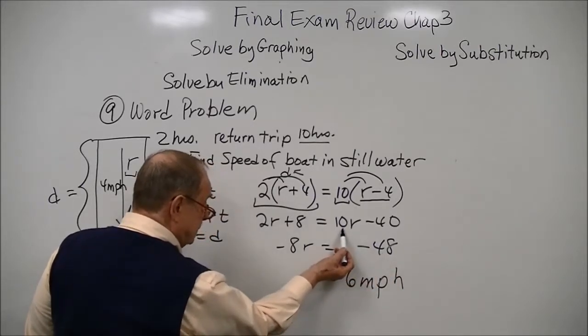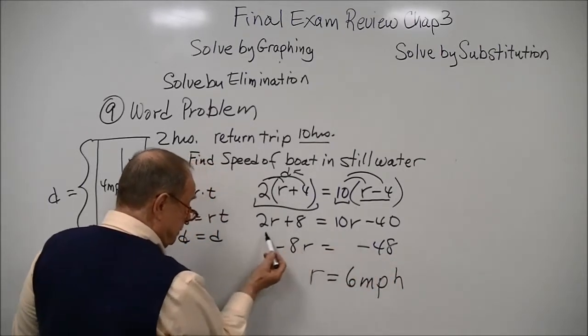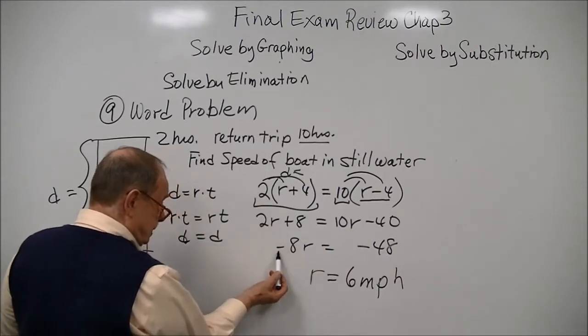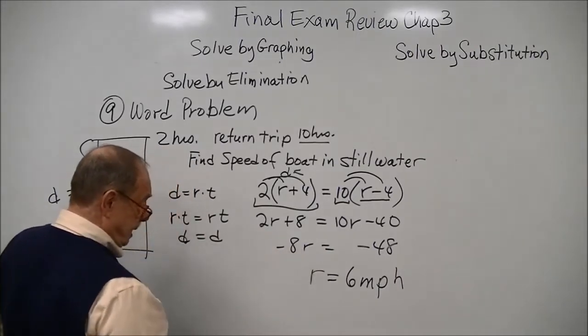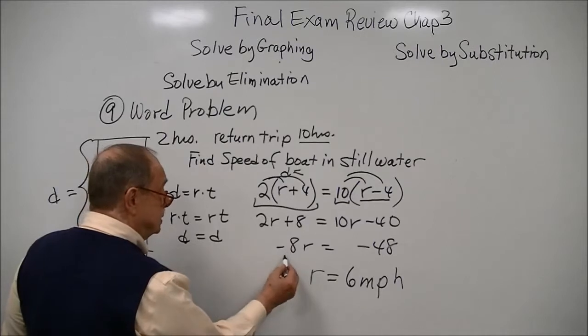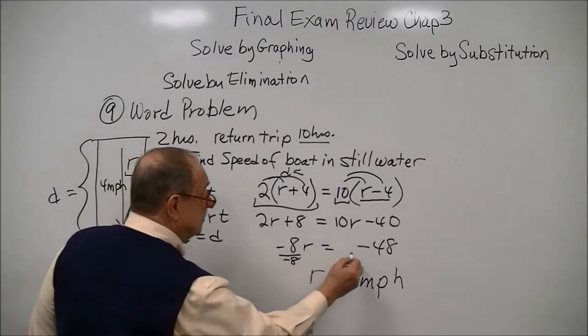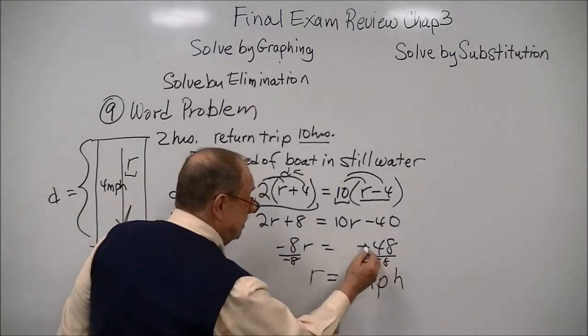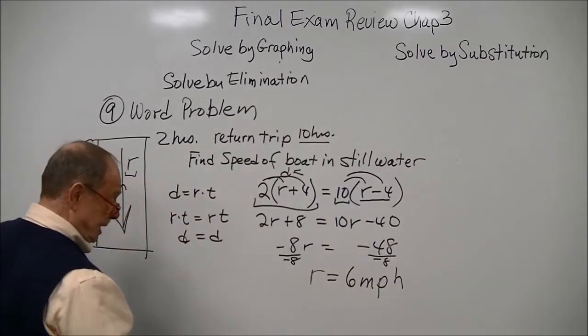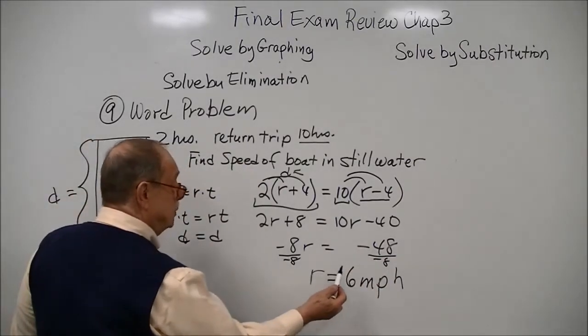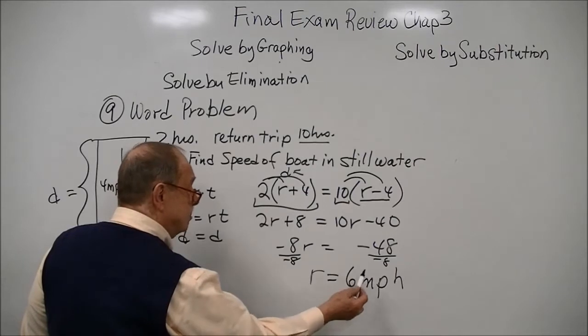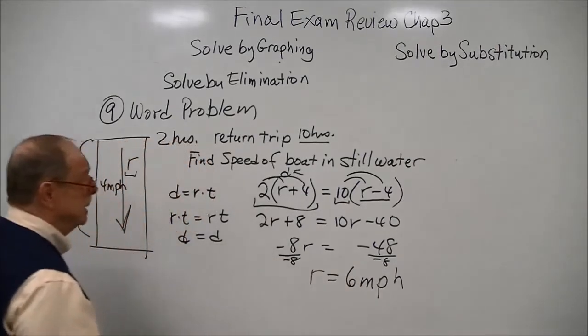I'm going to subtract 10r from both sides. That gives me a negative 8r. I'm going to divide both sides by a negative 8. And I'm careful with my signs. And I get the rate of the boat is 6 miles per hour.